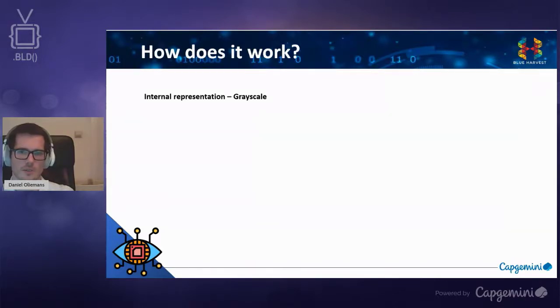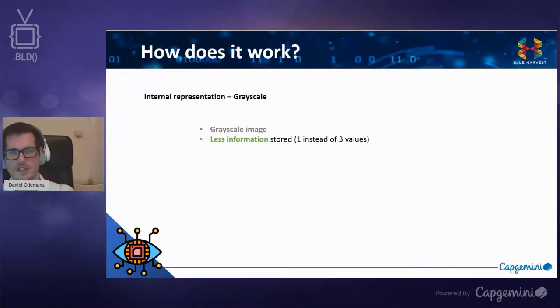So often what we do is we downscale the image to what is called a grayscale image. Essentially, this means that we go from a red, green, and blue value to just a single gray tone value. This is a value ranging from 0 to 255, with 0 being black and 255 being white.